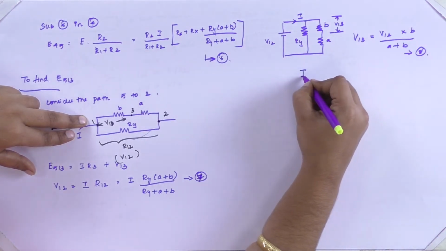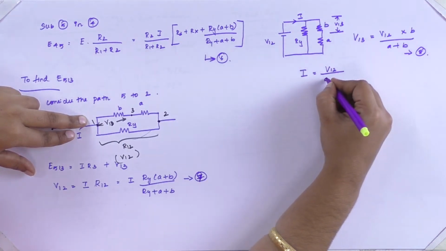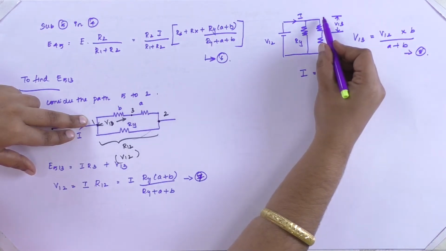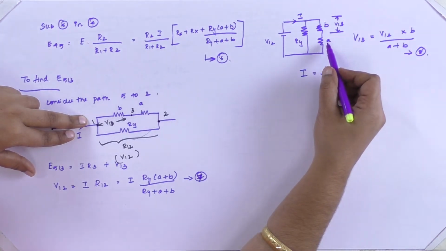Now let me find the value of I. We know that I is equal to V12 divided by A plus B. So, the current through this branch is V12 divided by A plus B, since these are connected in parallel.